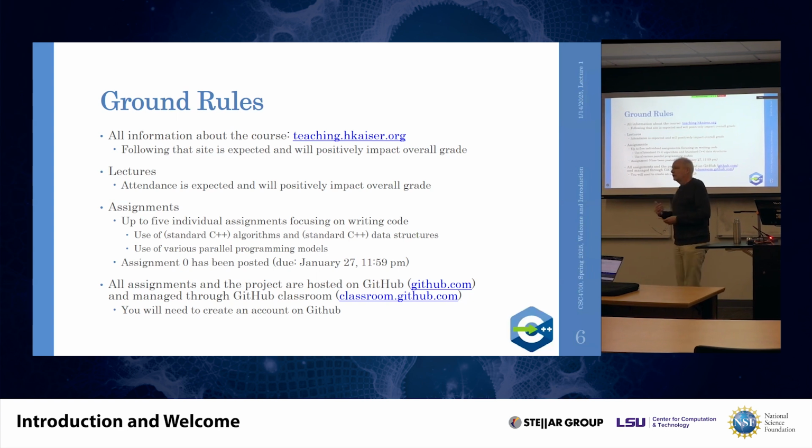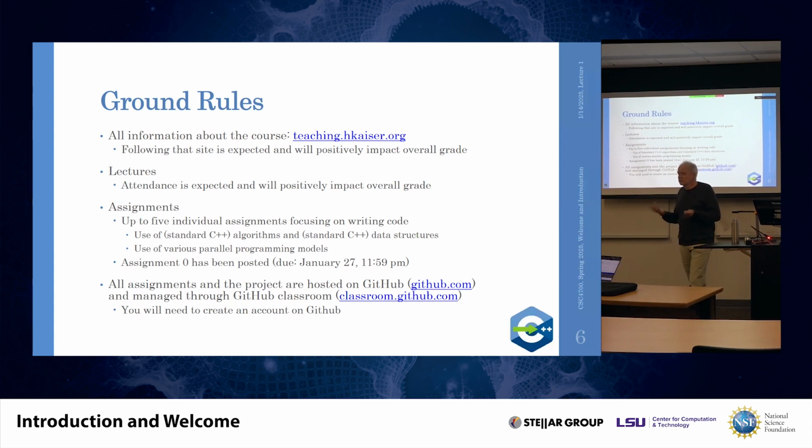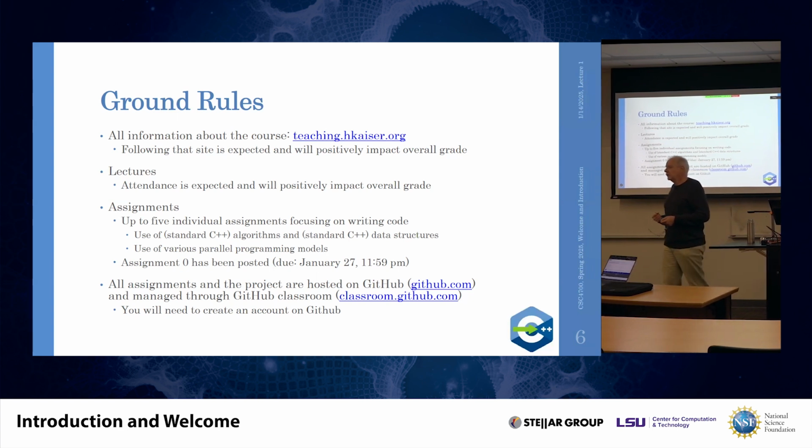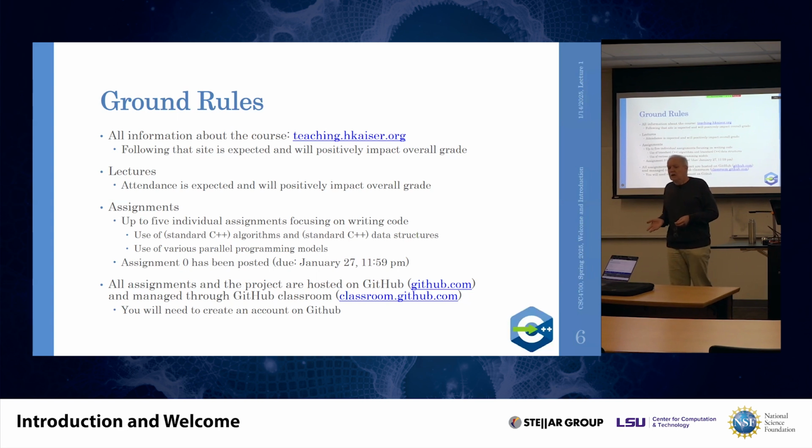It will work that way: you get a link, you click on that link, and it will generate a repository on your GitHub account where you have a starter repository with some starter code. You either download that code to your machine. I have a Docker image prepared for you that you can launch on essentially any hardware.